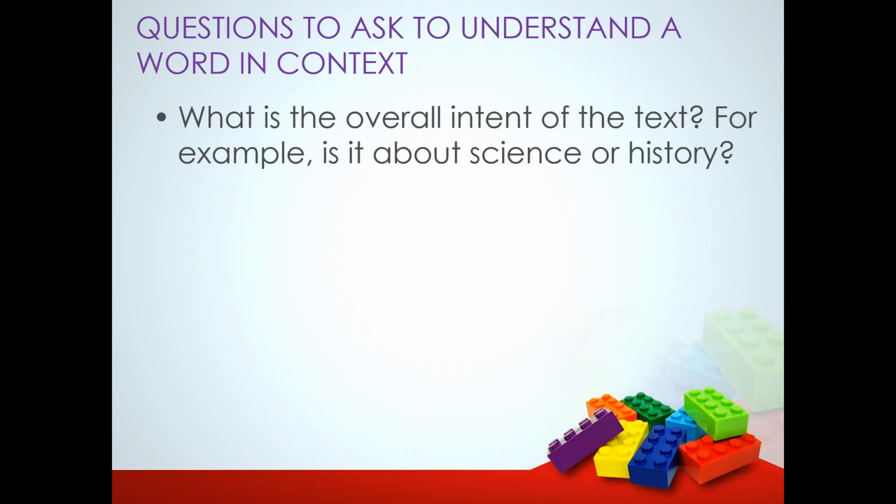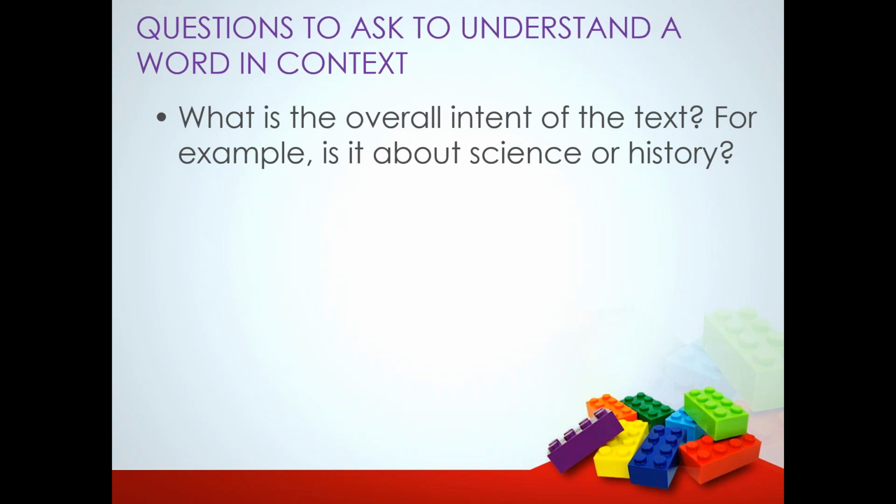Some of those questions include things like, what is the overall intent of the text? They actually have to look at the text and determine the intent or the purpose of this text. For example, is it about science or history? Because if you've looked in a science or history or social studies book, then you understand that a lot of those vocabulary words have the context given in the form of appositive phrases immediately following the words. And a lot of times kids don't even recognize that.